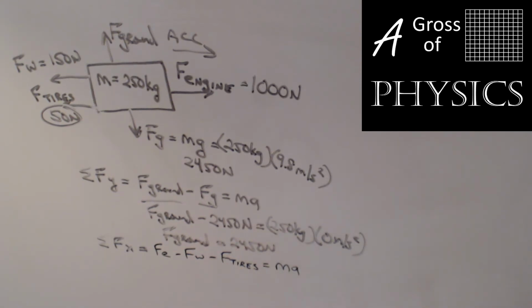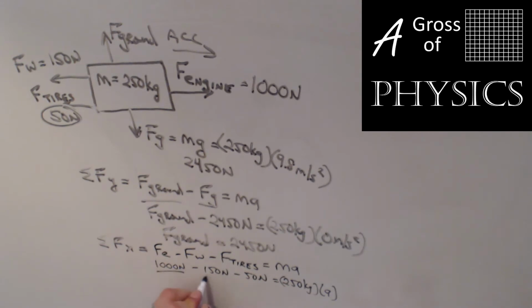And I'll tell you, at this point, the physics is over, because all you have to do at this point, we have all the numbers, you plug numbers in, 1,000 minus 150 minus 50 equals 250 times A. And our goal in this problem is to find the acceleration.